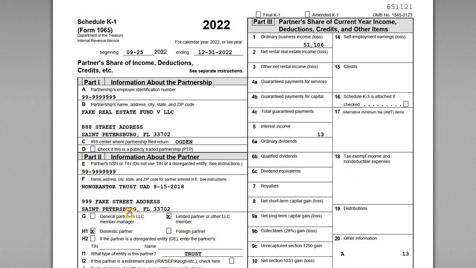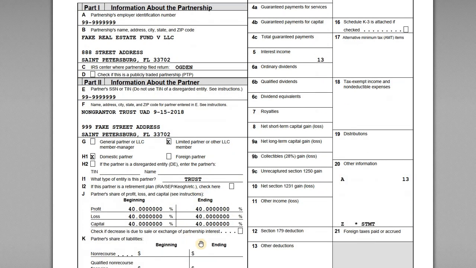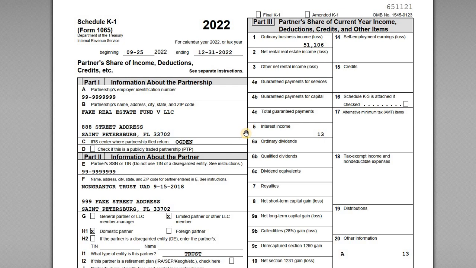But, you know, when the non-grantor trust does its own 1041, maybe it'll treat it differently, but from our perspective, it wouldn't be self-employed earnings to the trust. So $51,106 is being allocated because they put in 40% of the capital, so they have 40% of the LLC units. It is a limited partner, and so for those reasons, we are saying it's not earnings subject to self-employment taxes.